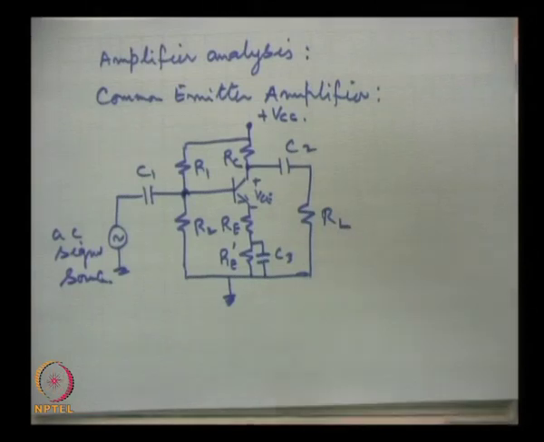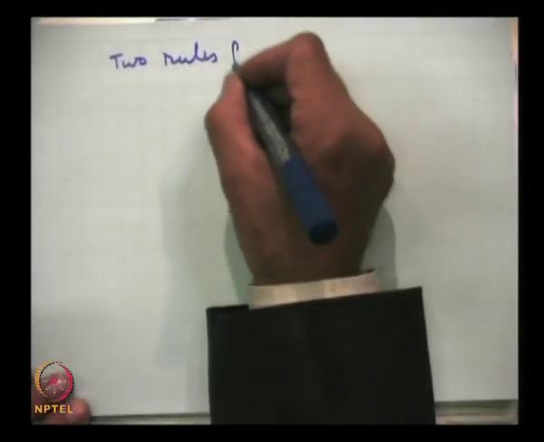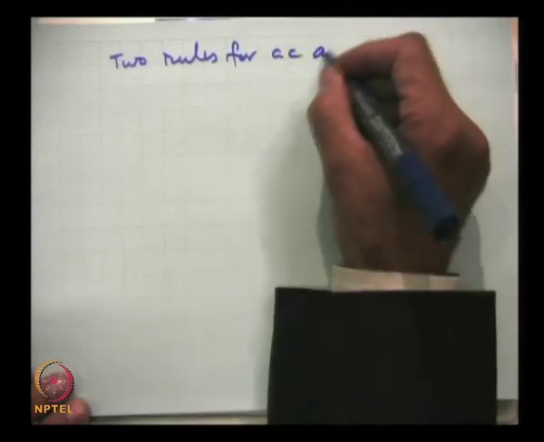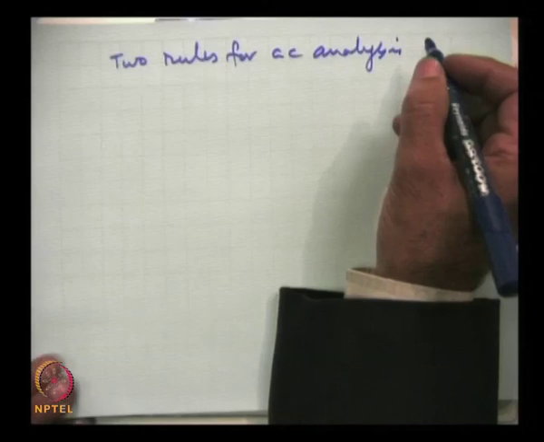Now, we apply the rules of the analysis, which of course we applied even in the case of hybrid parameter analysis, and I summarize these rules again in 2 lines. These are the two rules for AC analysis. This is true for any AC analysis actually.